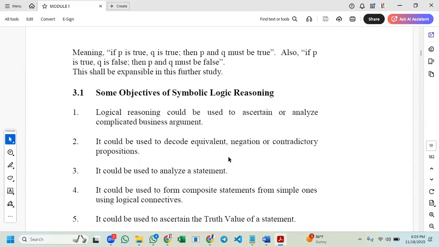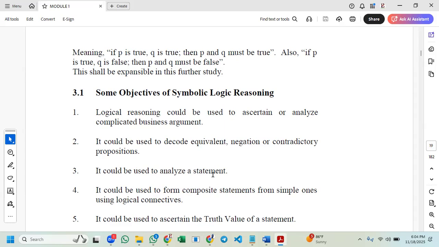If you are speaking in negation, negation means negative. We have the positive and the negative. Now, if I say that Ada goes to school, that is a positive statement. The negation will be Ada did not go to school. That is negation, not.